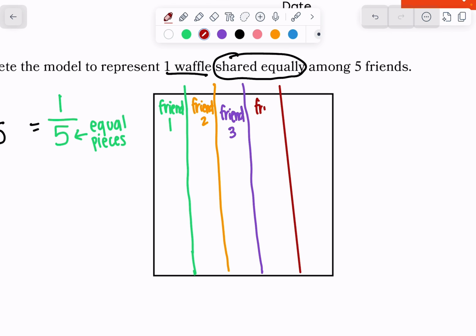We have friend 4, and I know they're kind of getting slanted pieces, but we're human, so imagine that it's all equally cut. And then we have friend 5. So we have 5 friends. The waffle has 5 pieces, but they're each going to get 1 of those 5 pieces. So they're going to get 1/5 each, kind of like my division problem just said.